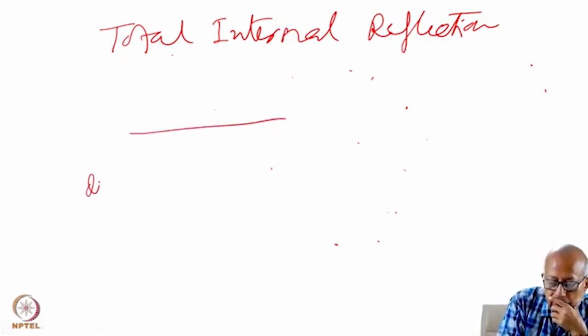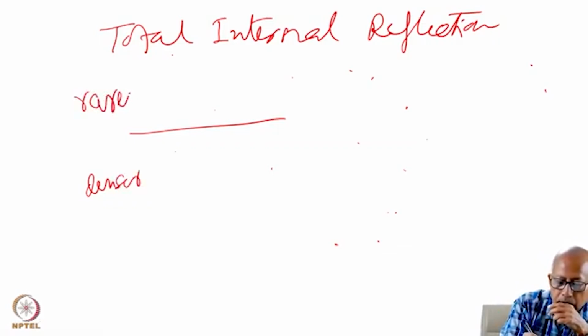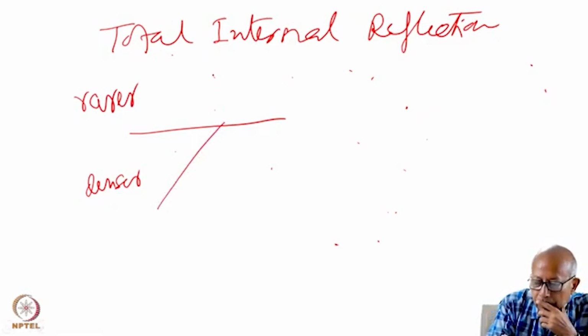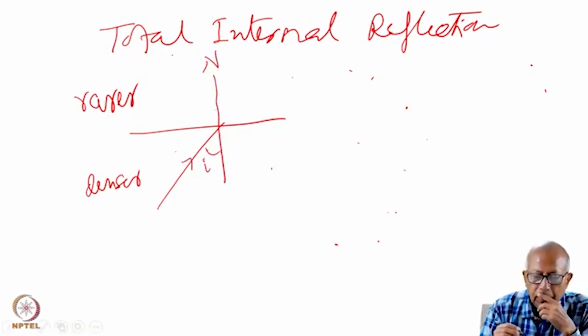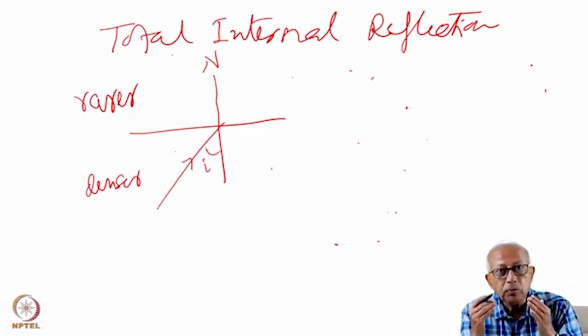So this is denser and this is rarer. Light travels from denser to rarer. This is the angle of incidence. If light travels from denser to rarer medium, light will have to bend away from the normal. We just saw it directly follows from Snell's law.